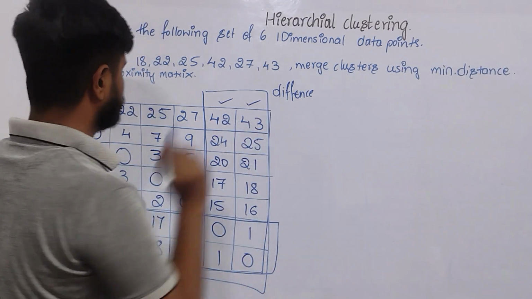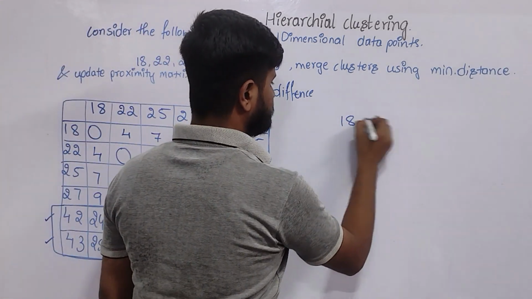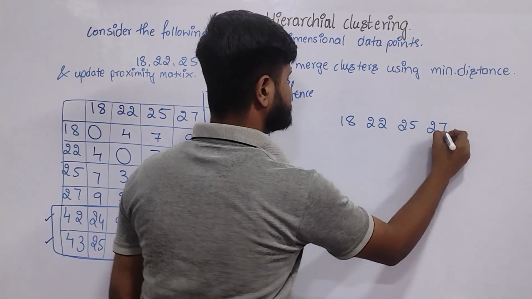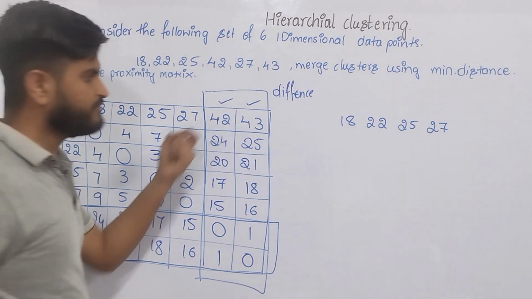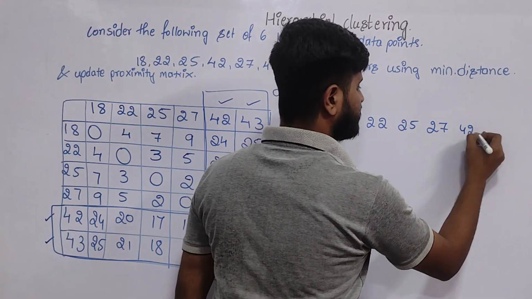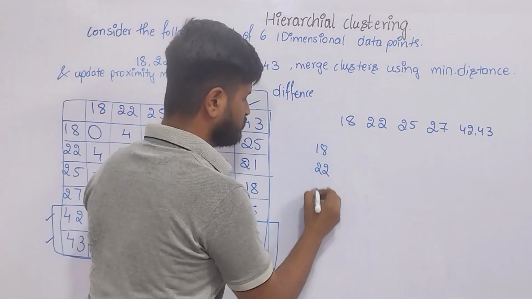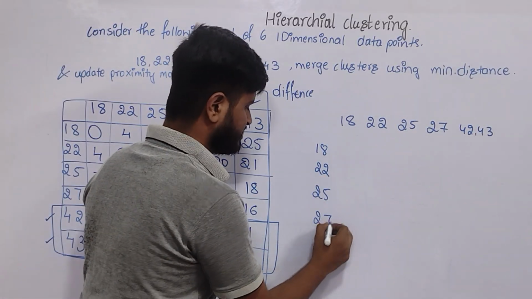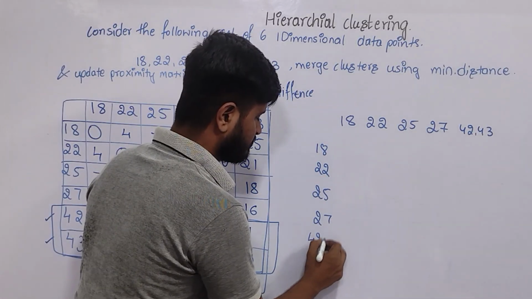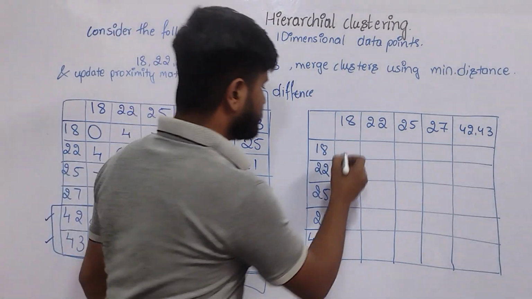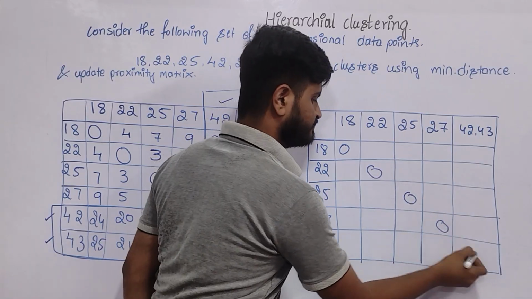So now let's write the new one. 18, 22, 25, 27. Here 42 and 43 are combined: 42, 43. Here also 18, 22, 25, 27, 42, 43. Now the same, the diagonal will be 0.